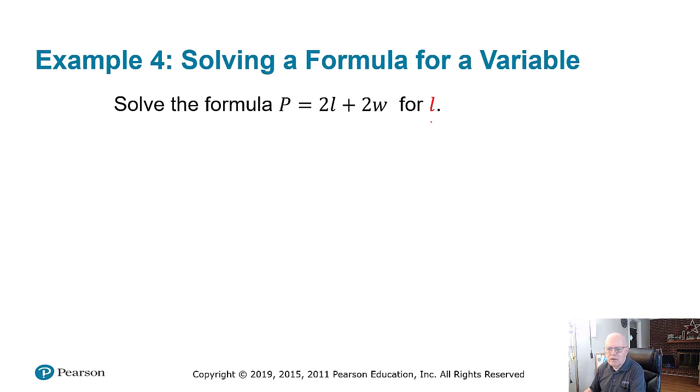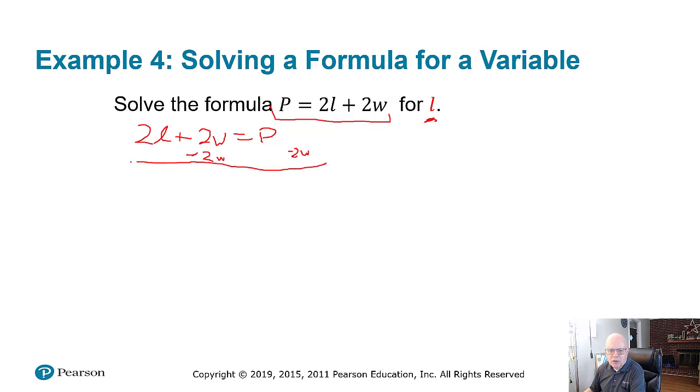Since I'm solving for L, I'm going to take this original equation and I'm going to swap the two sides. So I have 2L plus 2W equals P. Now I want to solve it for L, so I need to subtract 2W from both sides.